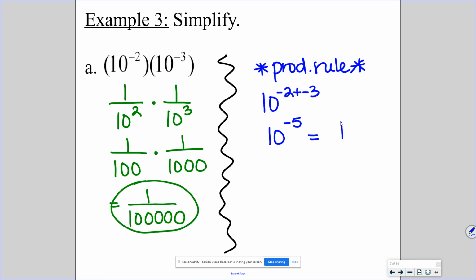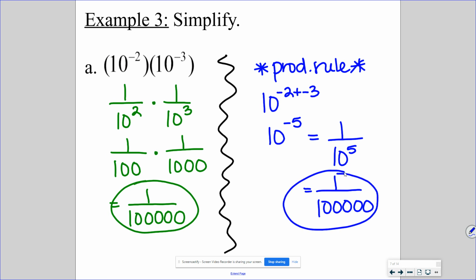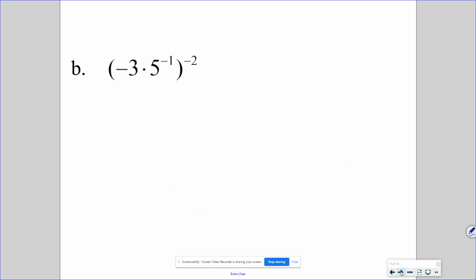Now you could take 10 to the negative 5th power and write it as a fraction, 1 over 10 to the 5th. And then you could use a calculator to simplify 10 to the 5th, which is 100,000. So you get the same answer either way. Okay, I don't care which way you use because both are correct.